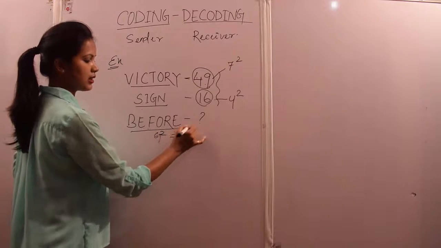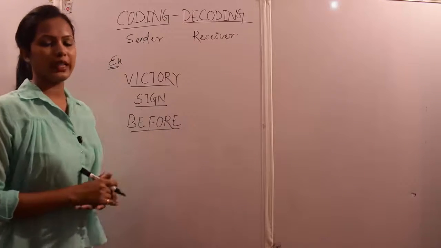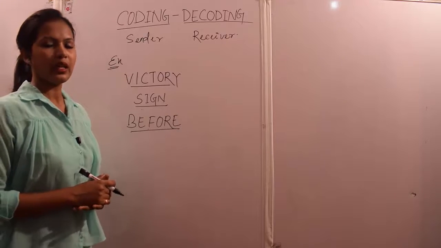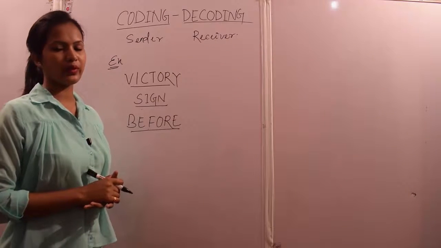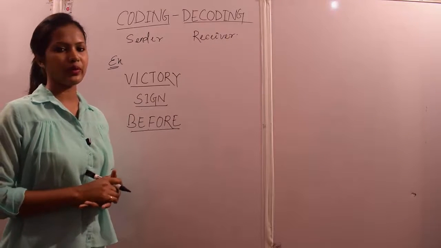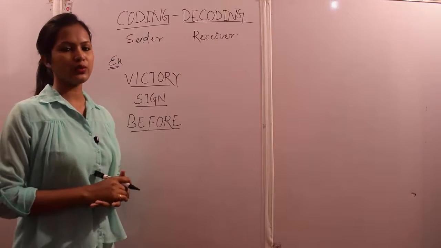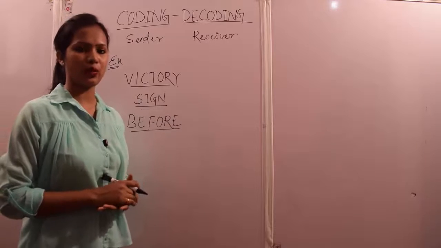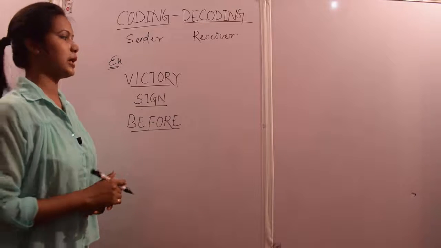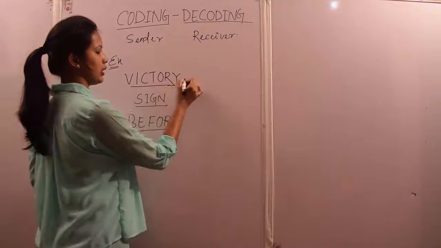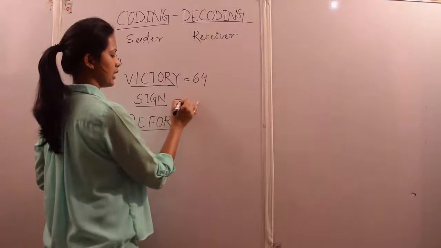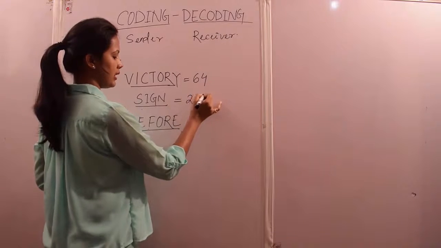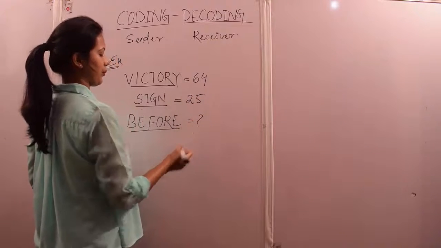So the answer is 36. Whenever you find a question of this type, you should think whether it is the square of the number of alphabets, or the cube of the number of alphabets, or the square of the number of alphabets one less or one more. For example, if victory is coded as 64 and sign is coded as 25, then what is the code for before?